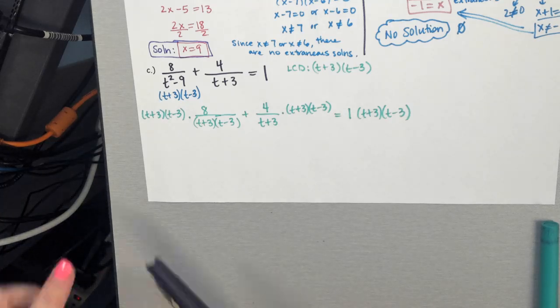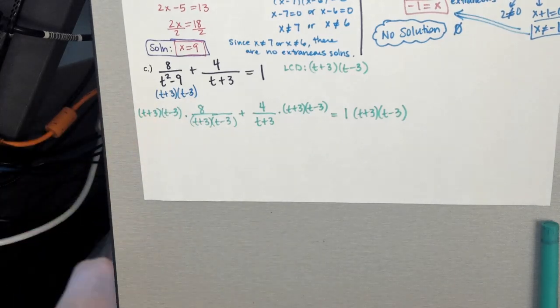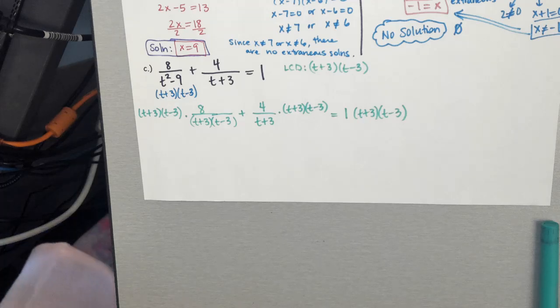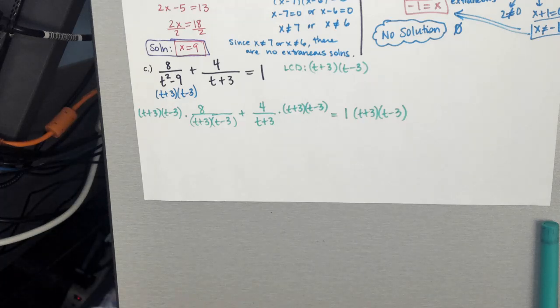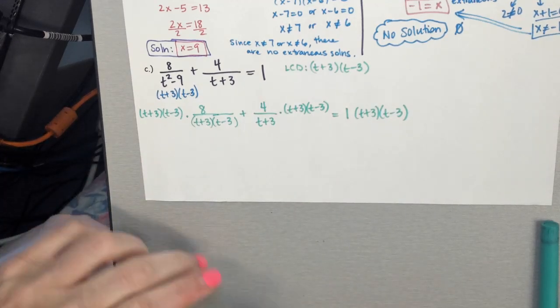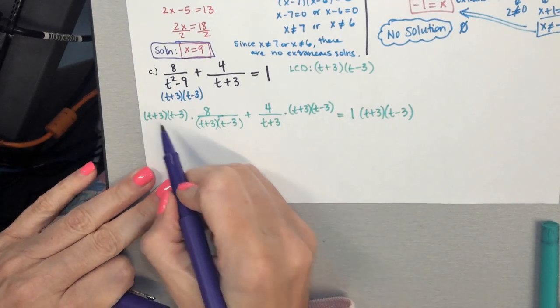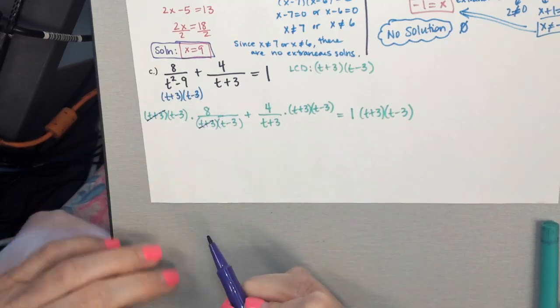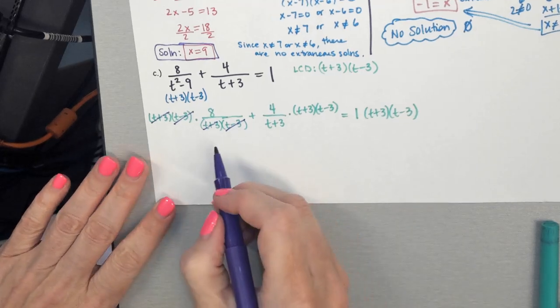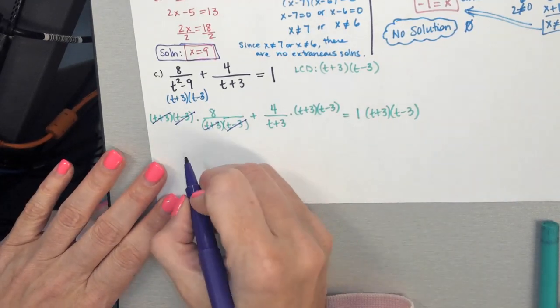One reason why I like you to write it out is so you can cancel out and multiply correctly, because sometimes students just multiply the wrong things together. But when you have it written out like this, it gives you a chance to see, okay, t plus 3 divided by itself is 1. This divided by itself, that cancels. So you're left with 1 times 8, which is just going to be 8.